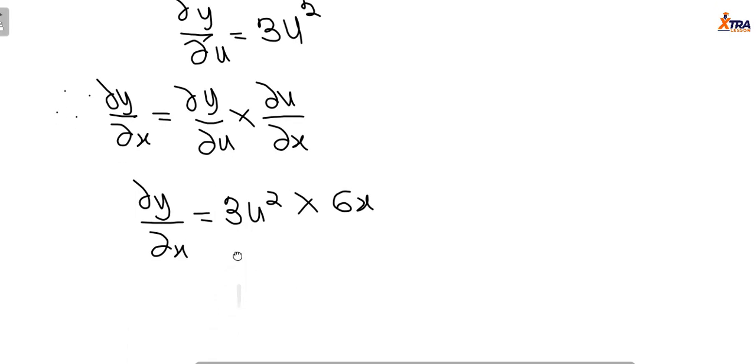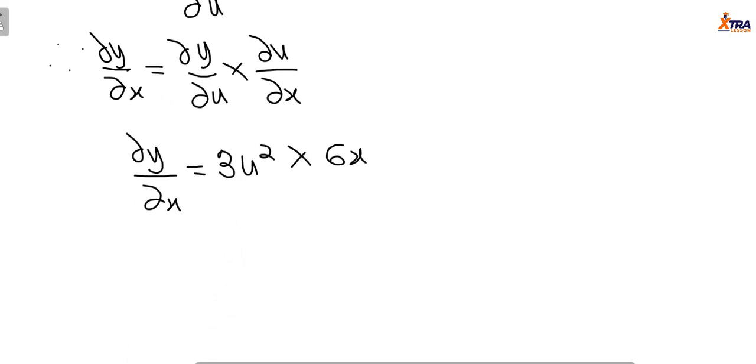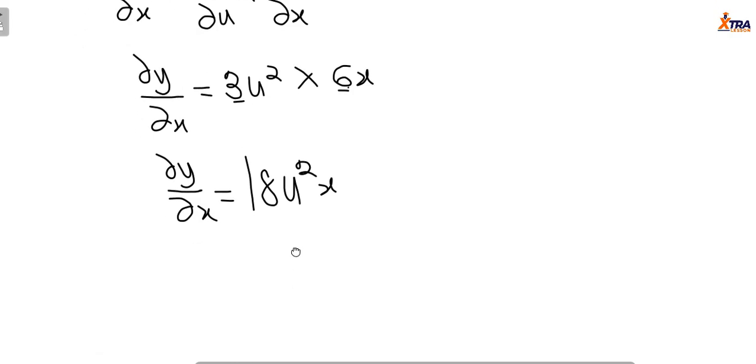Then let's simplify. We have dy over dx, which is equal to this. That's 6 times 3, which will be 18. We are having u² x. But we are differentiating y with respect to x. So that means you have to substitute for u.